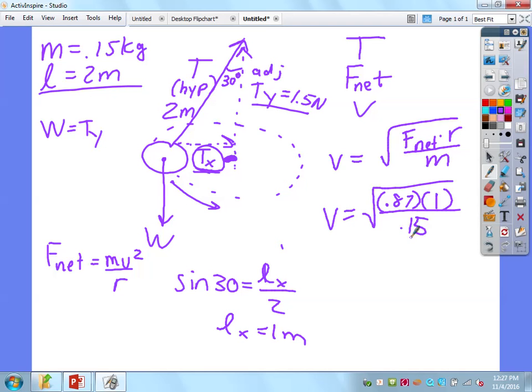Let me take the square root of all that. The velocity of the object is 0.36 meters per second.